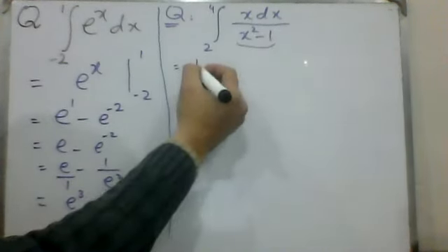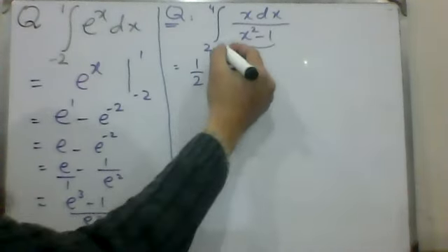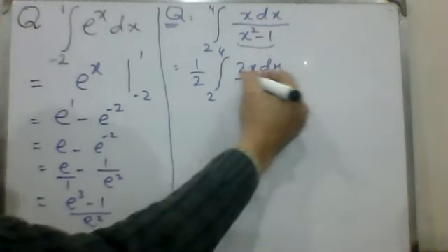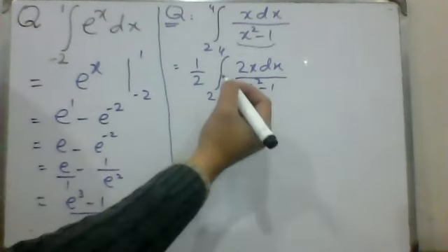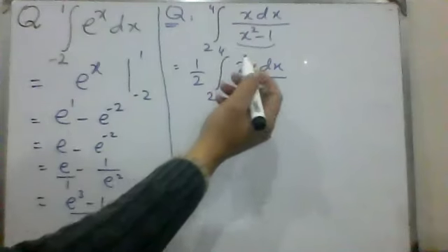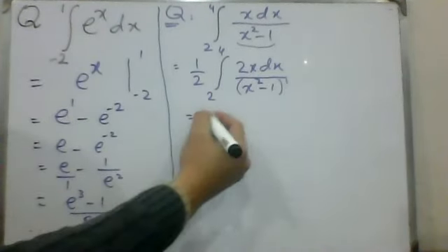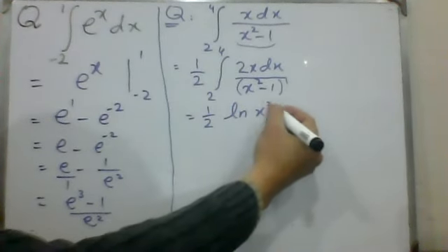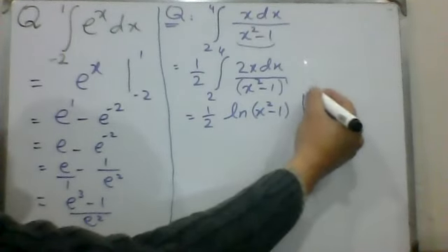So first we can divide outside by 2 and multiply by 2 in the numerator: 2x dx divided by x square minus 1. Because the derivative of x square minus 1 is in the numerator and its whole power is 1, we can write ln of x square minus 1. The limit is 2 to 4.